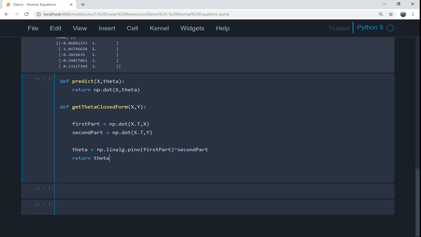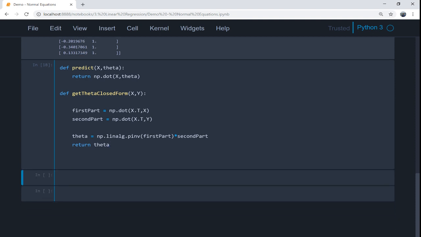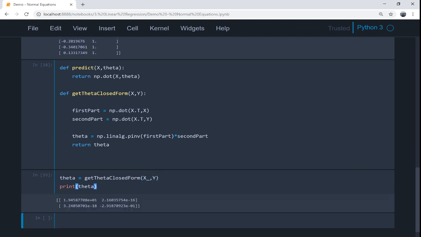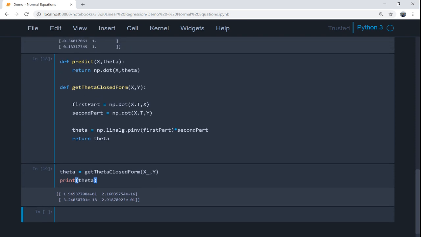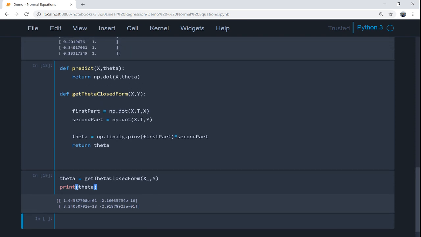Okay, so this is it, and now let us try to test our function. So let us get the theta, which is given by get theta closed form. We give x, we give y, and let us see what is theta, right? So we are getting, it should not be like this, right?